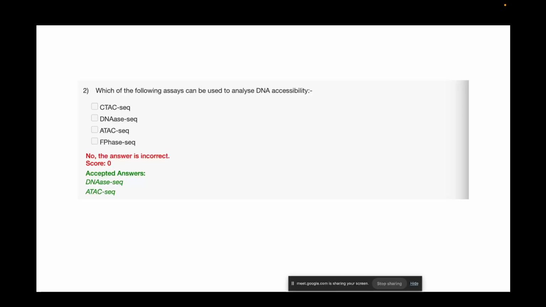If it is able to cut, then there are no histones present there, so it is a more accessible region, and if it is not able to cut, it is a non-accessible region. Then you have ATAC-seq, which is very widely used, and it uses a transposase to simultaneously cut and tag these open chromatin regions. Both of them are very widely used.